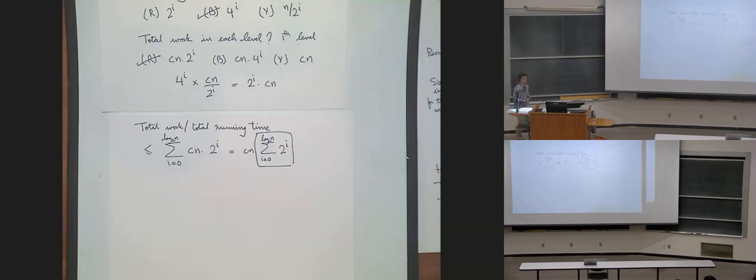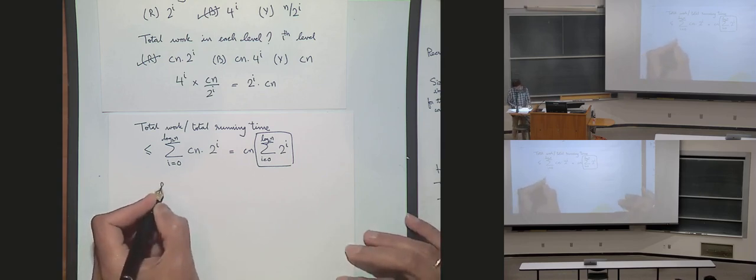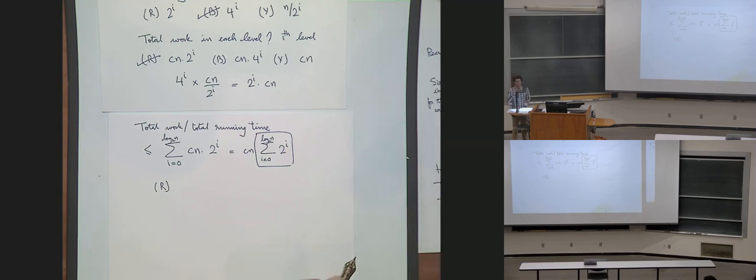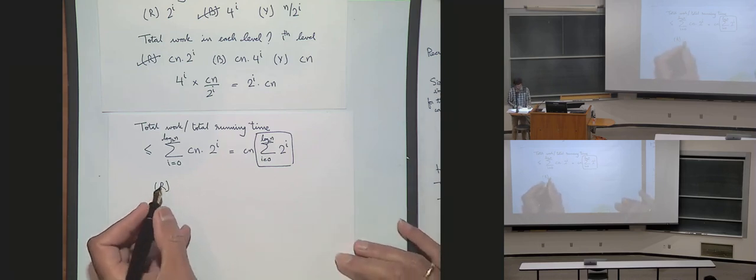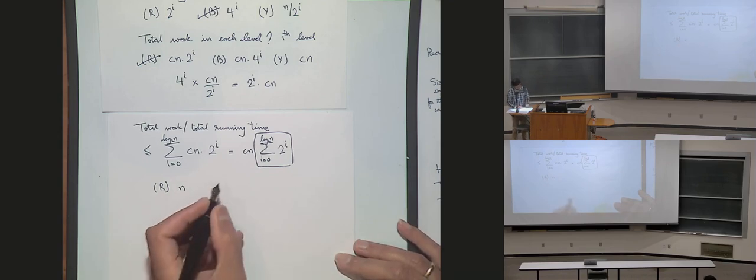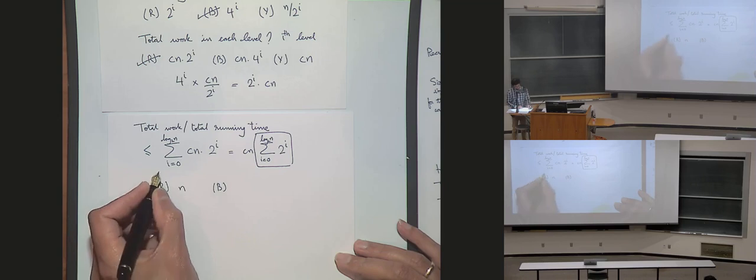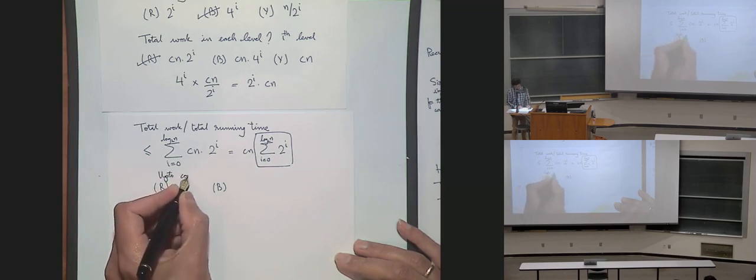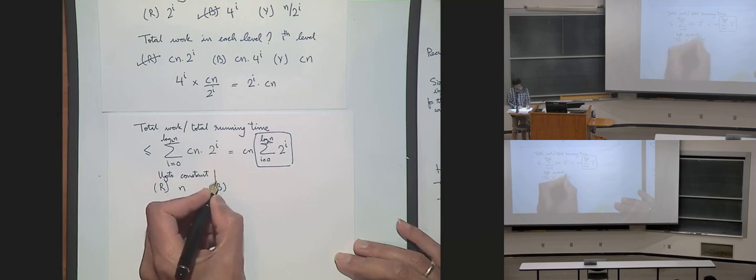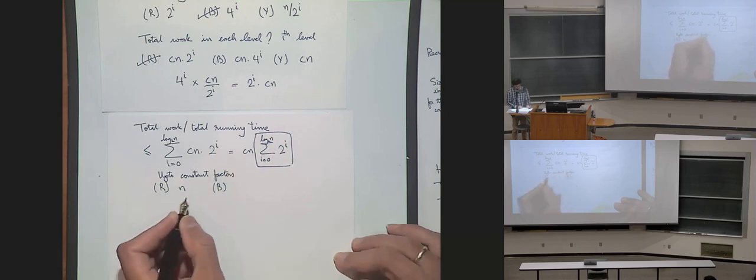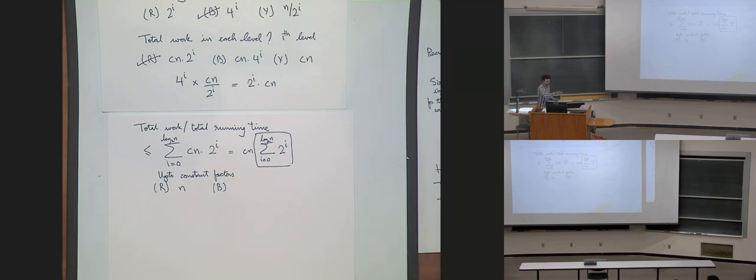What is this number? You need to work it out. So, up to constants, I don't care about the constants. Is this thing basically just n? Up to constant factors, meaning, when I say n, it could be maybe n plus 1, or maybe 2 times n, 4 times n, I don't care.